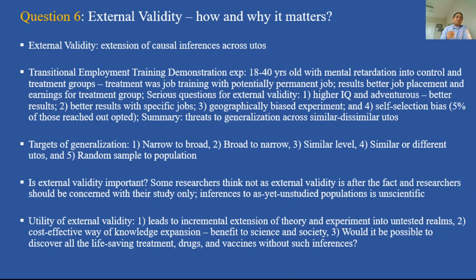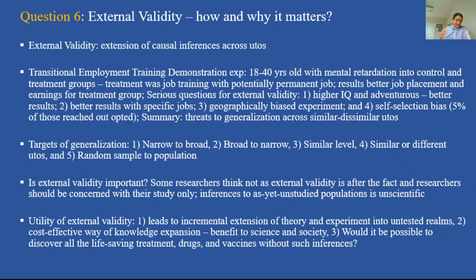Now, why did some researchers downplay the importance of external validity? We have some school of thought which really doesn't give that much credence to external validity. Why? Some researchers do not accord that importance to external validity because, according to them, the issue of external validity is raised after the fact, after the study is completed, and rarely thought about during the study.